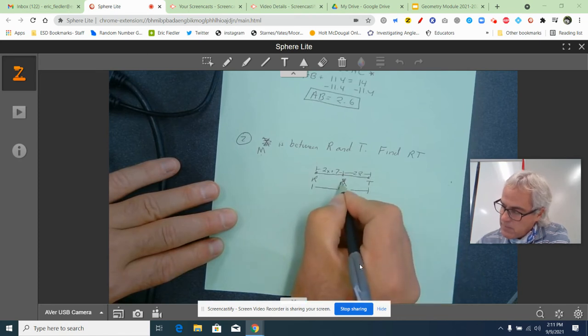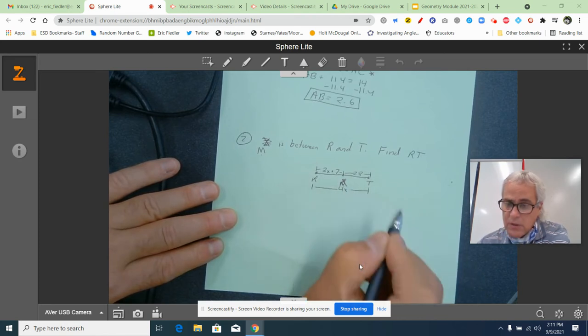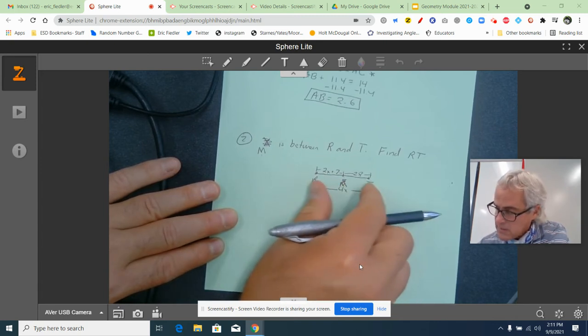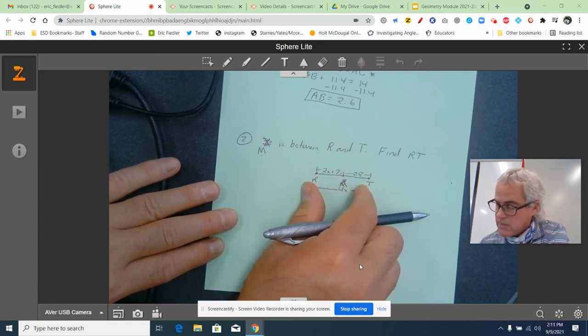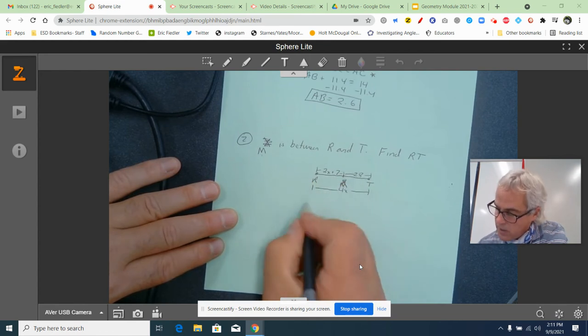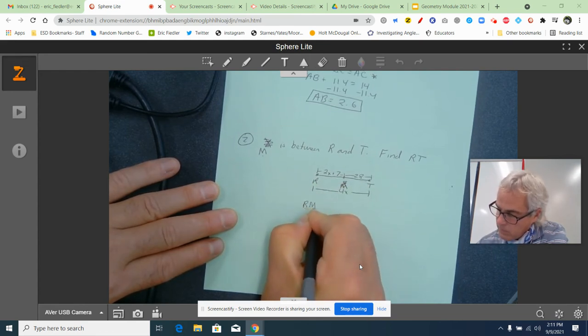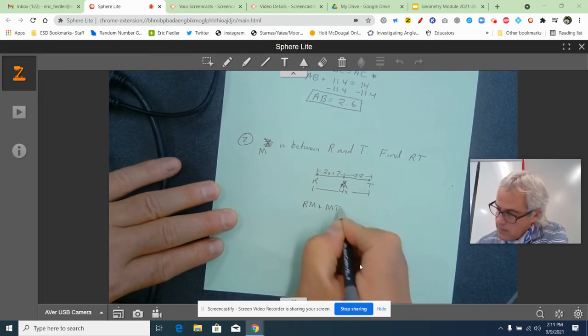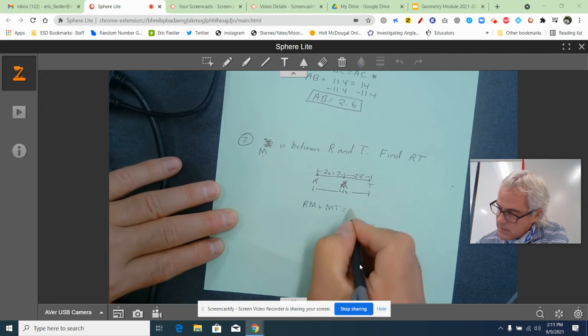Now remember that first step I recommend as you're getting the hang of this? Use the letters, not the numbers and the variables. So the sum of the pieces is equal to the whole, is what the segment addition postulate says. So this piece is RM plus this piece, which is MT, is equal to the whole piece, which is RT.